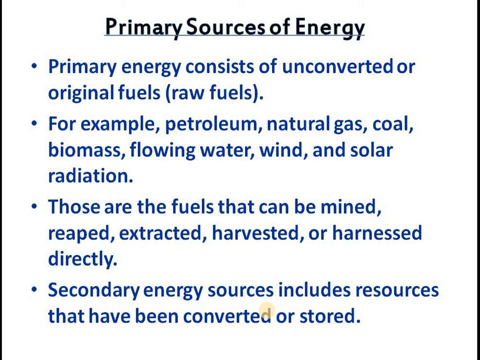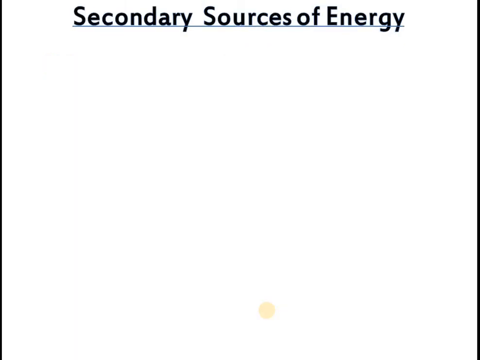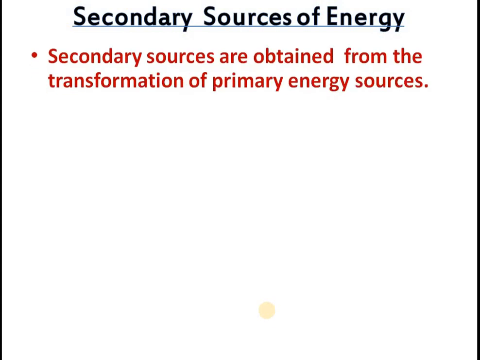Once some processing is done, we get some products, and those products are called secondary energy sources. So secondary sources are obtained from the transformation of a primary energy source. That is why it is called secondary: something obtained from primary.